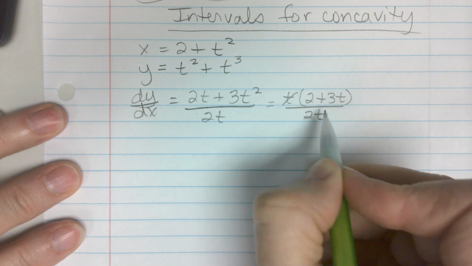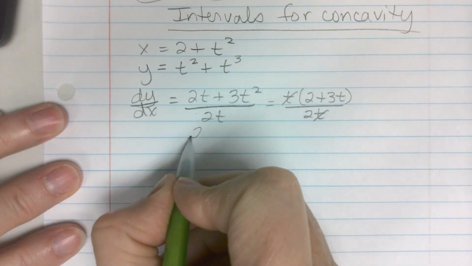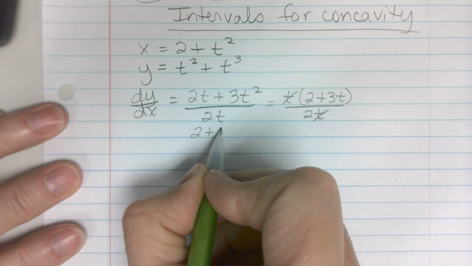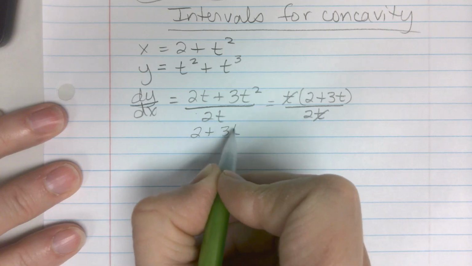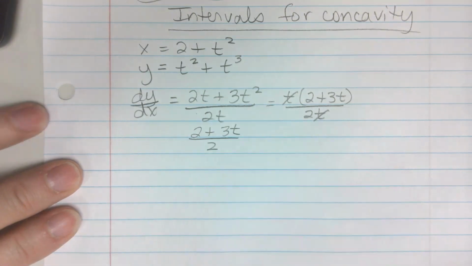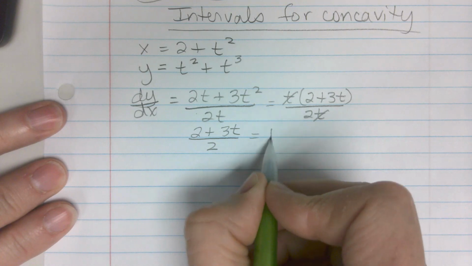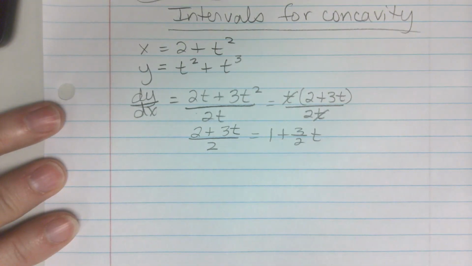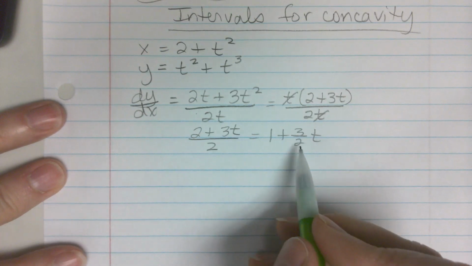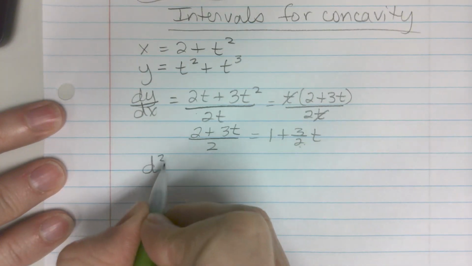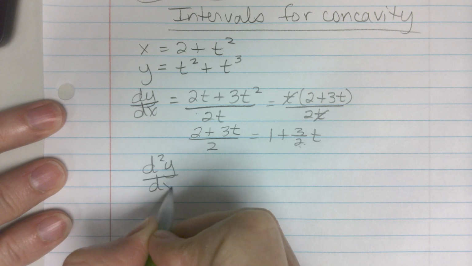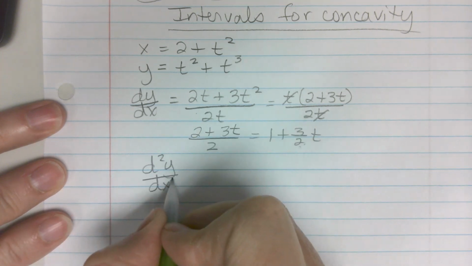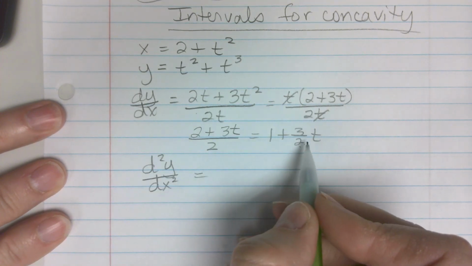So that will cancel to be a nice, easy 2 plus 3t over 2. Or even 1 plus 3/2 t. Would you agree with that? I'm only doing it that way so I can get an easier second derivative, the next derivative of this. What is the next derivative?